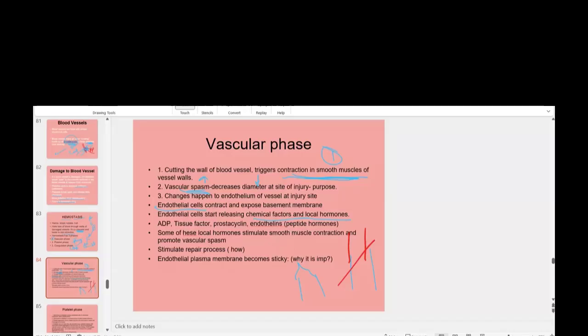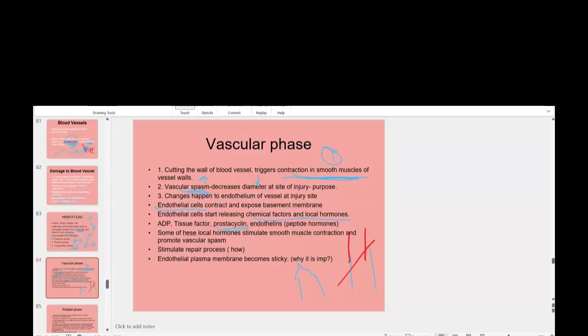What are they? ADP, tissue factor, prostacyclin. We already discussed prostacyclin, but it will come into action later, once the platelet plug and the clotting are done. Initially, it will be ADP, tissue factor, and endothelins, which are peptide hormones. All these are discharged as soon as there is a cut.